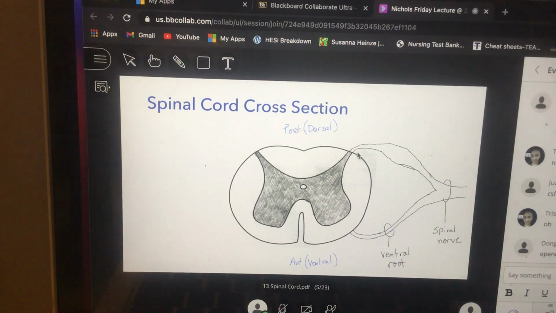Okay, and this one over here is known as the dorsal root. And the enlargement that's only on the dorsal root, I hope my artwork does it justice, is referred to as the dorsal root ganglion. Dorsal root ganglion, that enlargement.